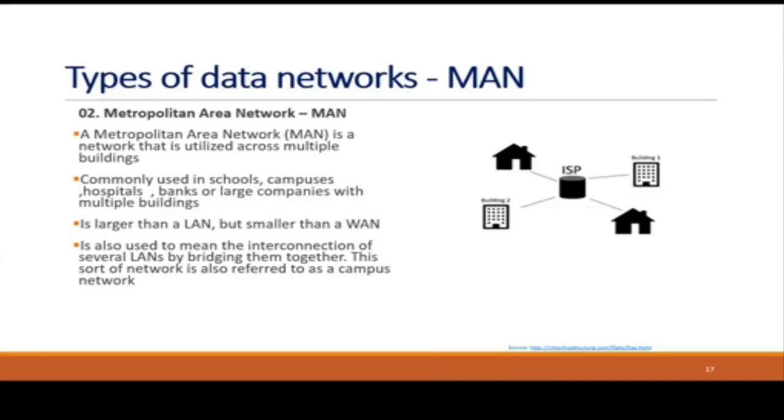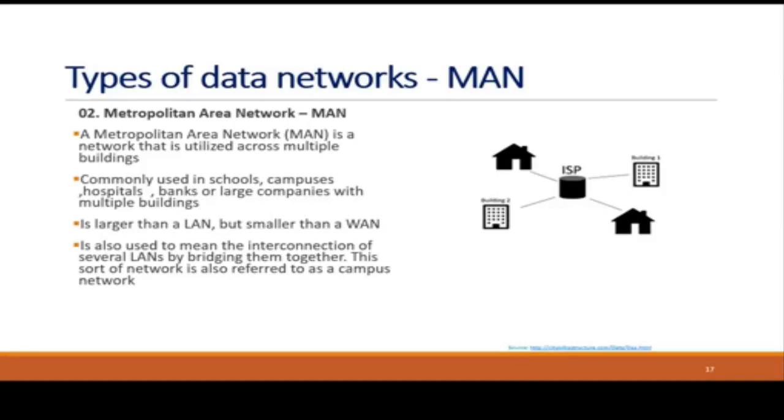So the University of Peradeniya is a LAN, but when it comes to all these different buildings in the RCT group, that is a MAN. So commonly MANs are used in schools, campuses, hospitals, banks, right?